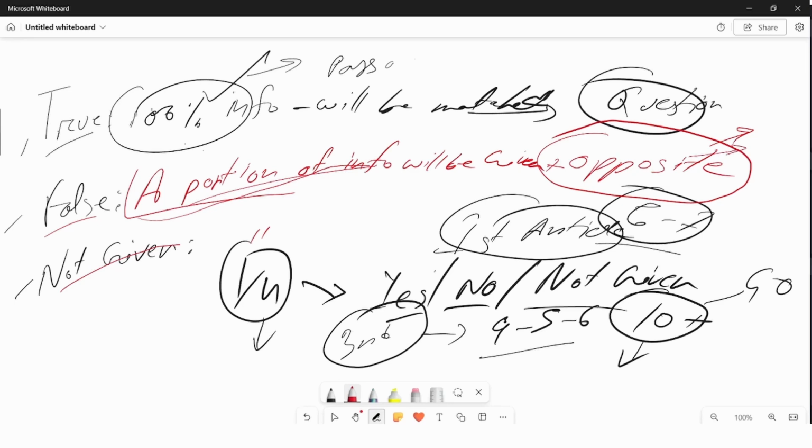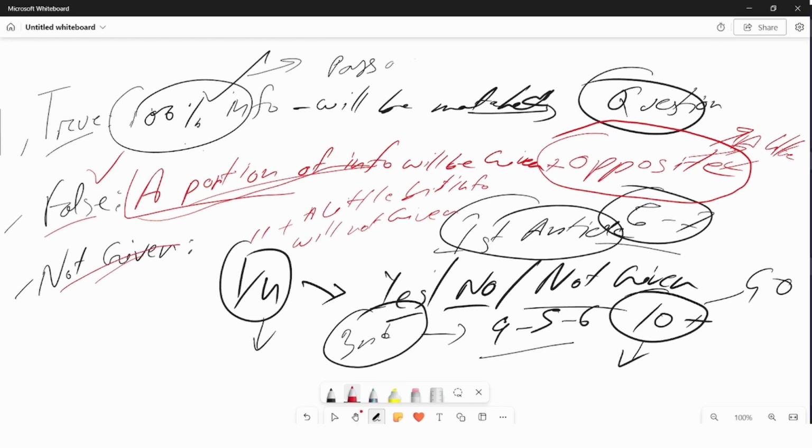A question becomes false when a little bit of info you get is opposite. Then you can mark it as false. When you do some examples, it will become easier for you, hopefully. And for not given, a portion of info will be given and a little bit of info will not be given. So that's not given for you.